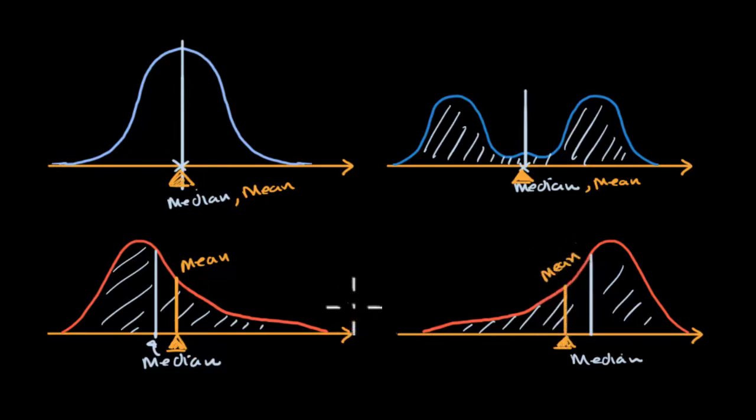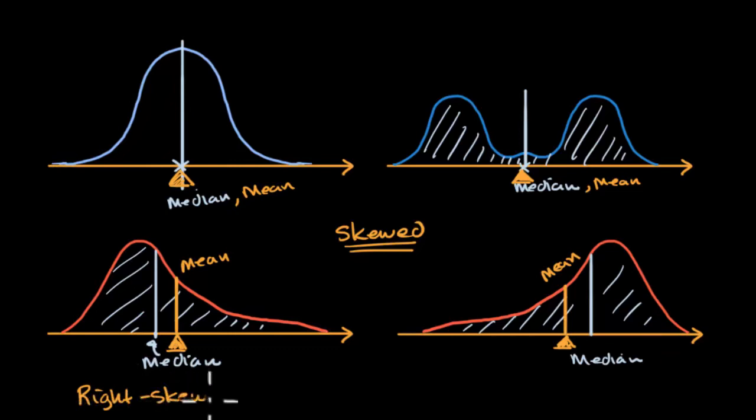And there's actually a term for these non-symmetric distributions where the mean is varying from the median. Distributions like this are referred to as being skewed. And this distribution, where you have the mean to the right of the median, where you have this long tail to the right, this is called right skewed.